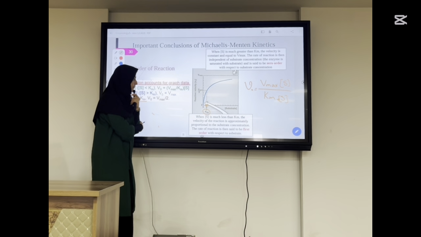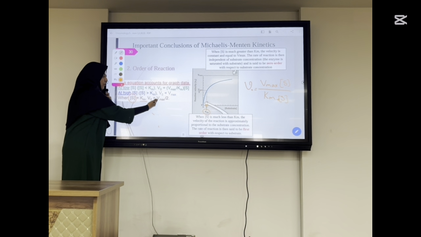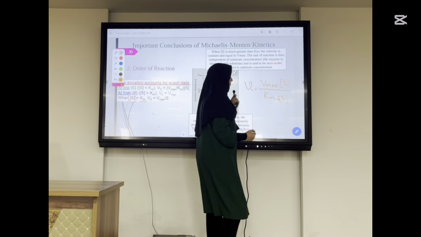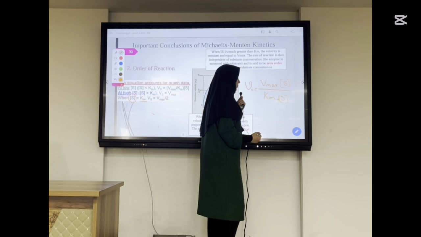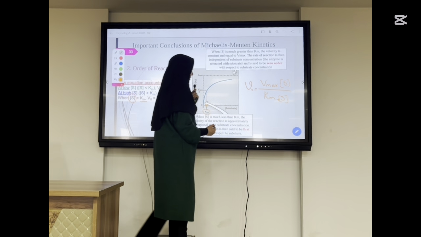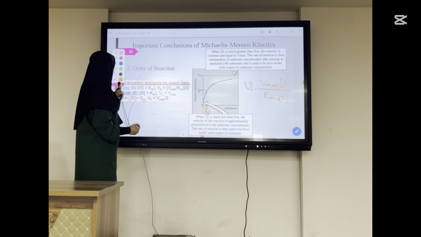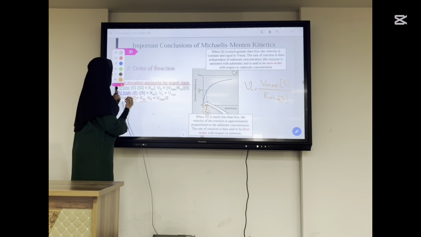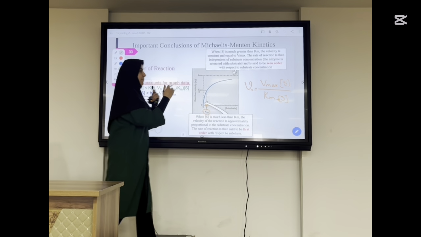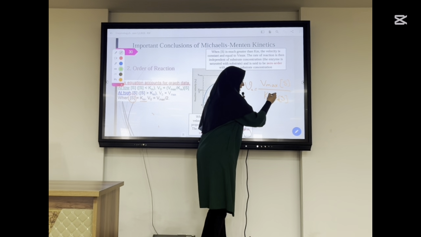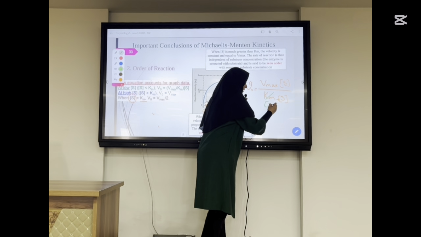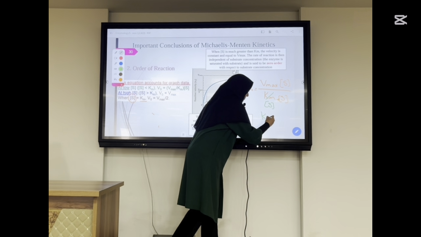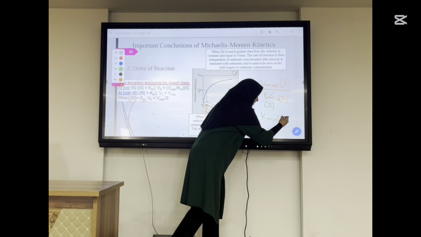Am I right? It's V0, half Vmax. How can we show this point? Who can tell me how we can put it in this formula whenever substrate concentration is Km? It means that I can replace Km with substrate, because I mentioned that Km is equal to substrate.